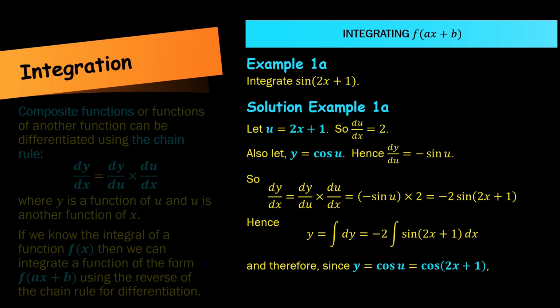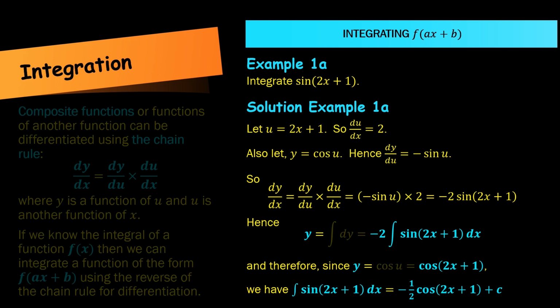And therefore, since y equals cos u, which is equal to cos(2x + 1), we obtain that the integral of sin(2x + 1) dx is equal to minus a half times cos(2x + 1) plus the constant of integration c.